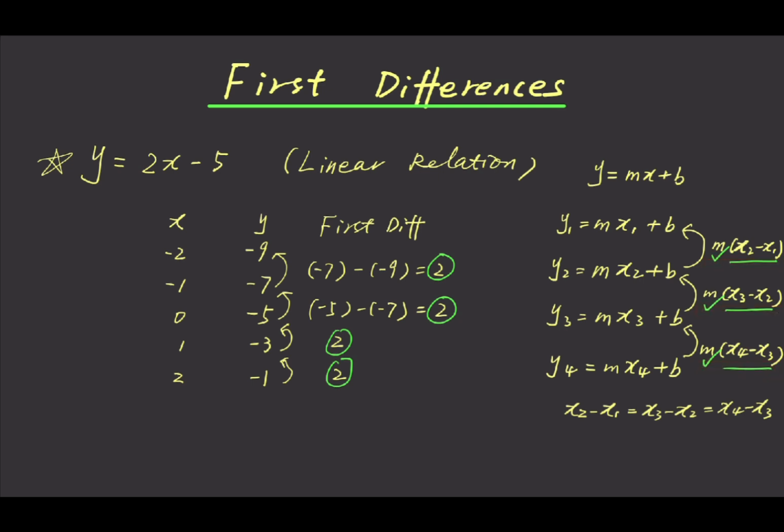This conclusion is based on the original relation, which is a linear relation. Reversely, if we know the first differences are the same, we can get the conclusion that the original relation is a linear relation.